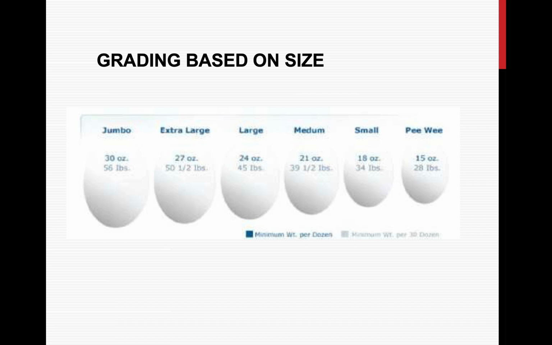In case it weighs 39.5 pounds, it is usually considered a medium sized egg. In case of a 34-pound egg, it is considered a small sized egg. In case an egg weighs only 5 ounces, which is about 28 pounds, this category is called PV eggs.